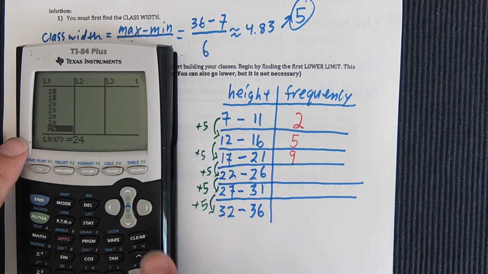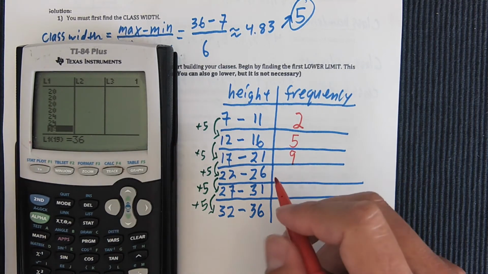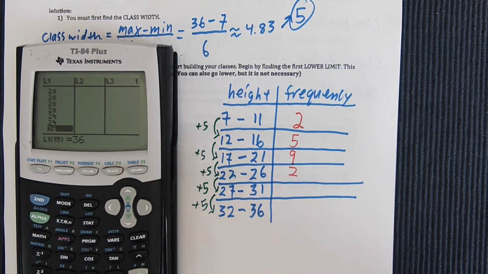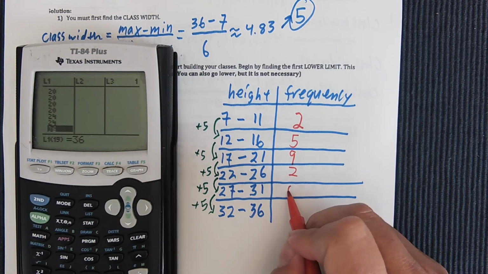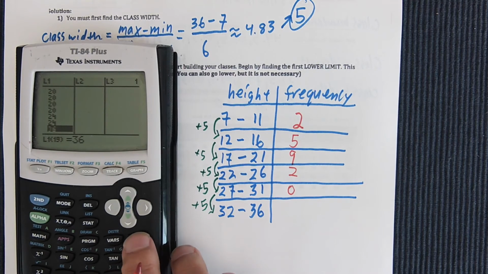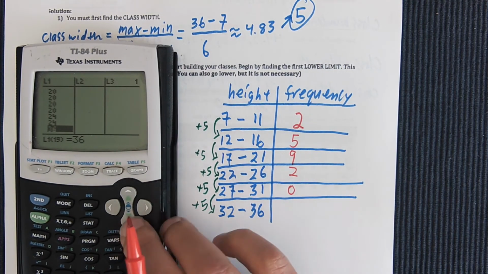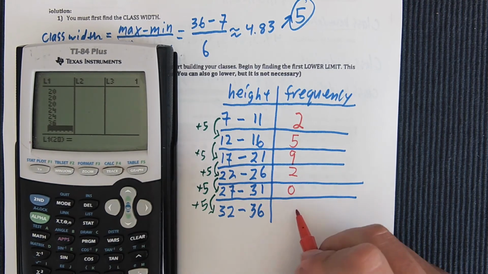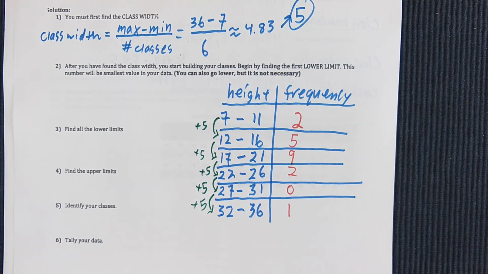Between 22 and 26, 1, 2, looks like 2. And between 27 and 31, we have none. And then we have 1, it looks like, between 32 and 36. And there it is. There's our frequency distribution table. Hopefully you could recreate that if you needed to.